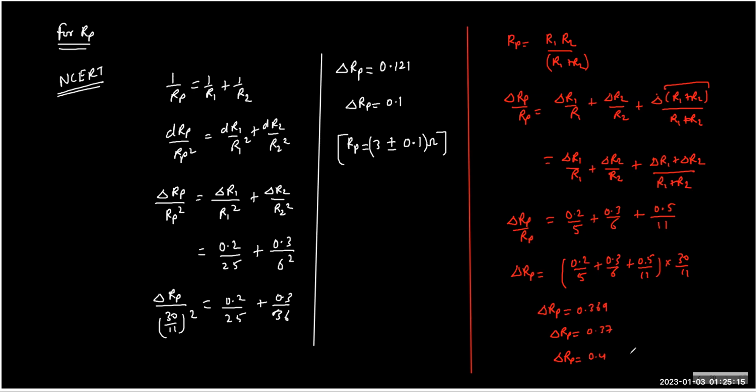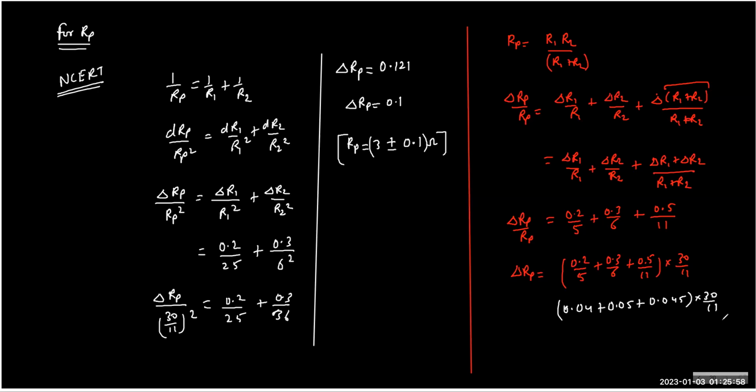Sir, yes, sir. 0.3 by 6 is 0.05, right, sir? Yeah. Okay, 0.2 by 5 is 0.04. Let me do this calculation again. 0.04 plus 0.3 by 6 is 0.05, plus 0.5 by 11 is 0.045, into 30 by 11.